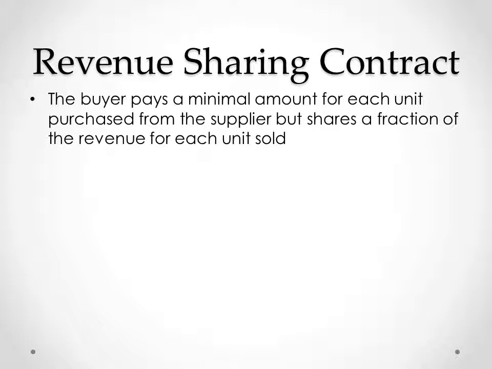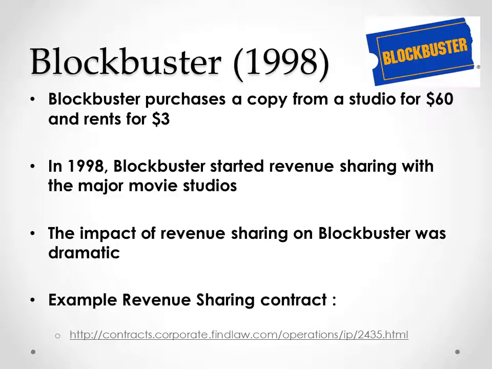A great place that does this very often is Blockbuster. It didn't start until 1998, but before 1998, Blockbuster needed to pay their movie suppliers, and you have to purchase these movies ahead of time, so they had to pay at least $19 per movie, and that's very costly if you're trying to run a movie store.